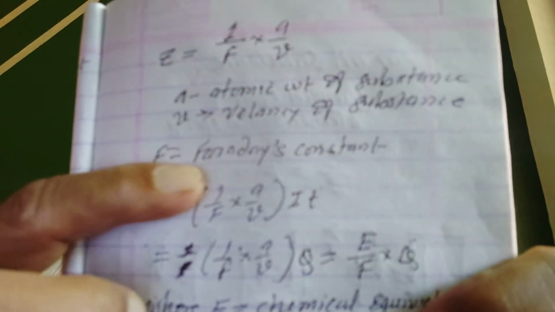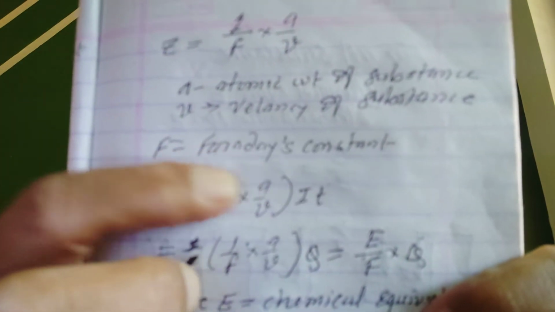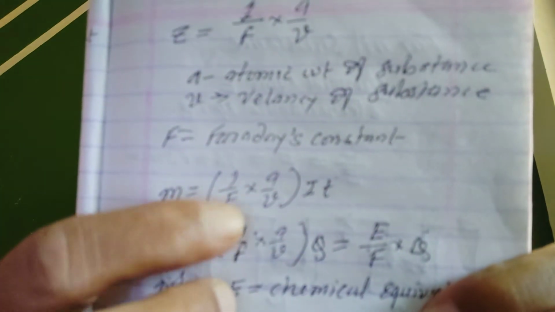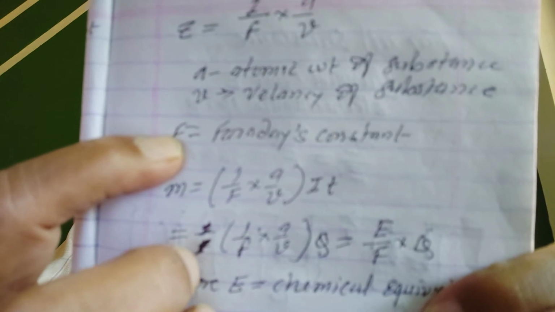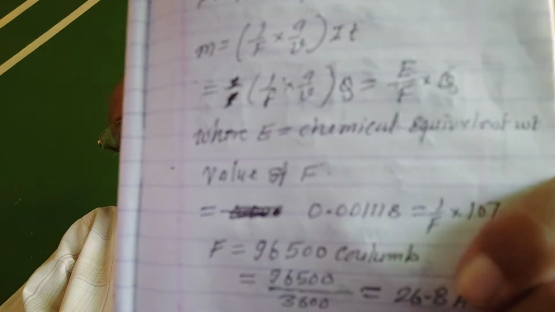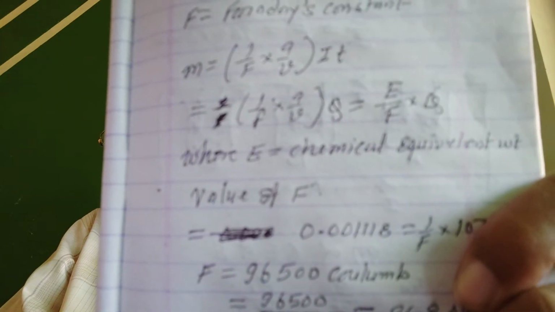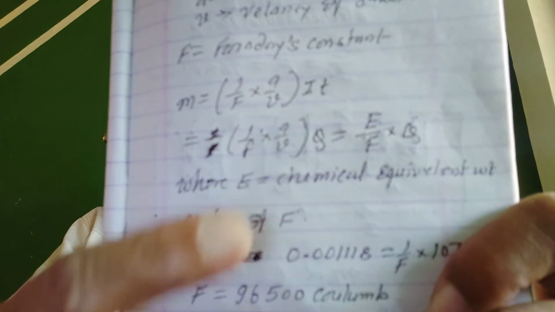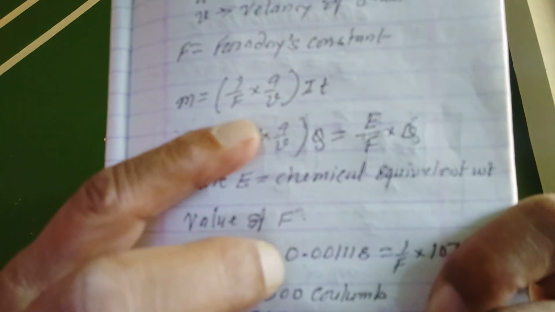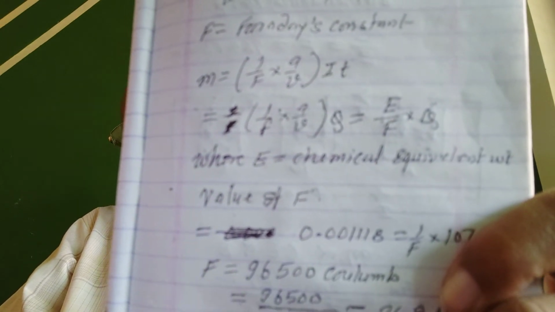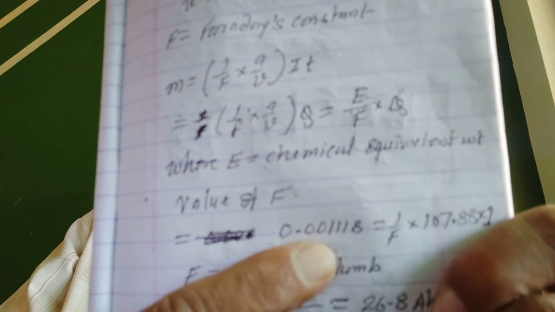So by putting this value in the equation M is equal to ZIT, in place of Z you put A upon FV and multiply by I into T. So here is the derivation of this particular equation for the Faraday constant, given by putting the value of Z in terms of the selection of the univalent metal silver.